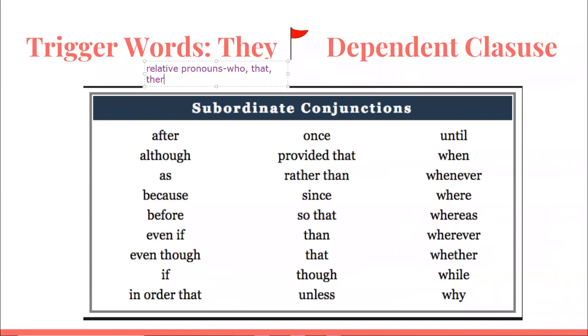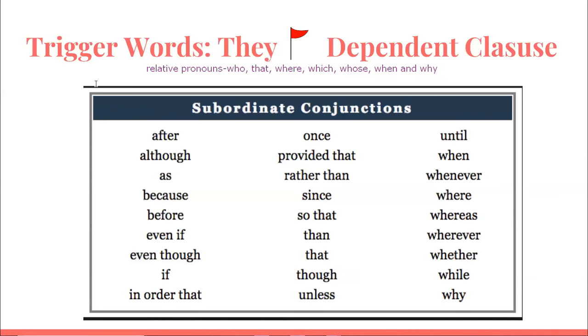There's only like 7 of them. So we have who, that, where, which, whose, when, and why. So besides that, all of them are W words, right? And a lot of these tend to be things that we ask questions with. So these are your relative pronouns, okay?